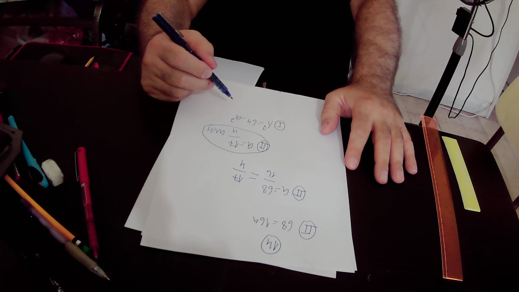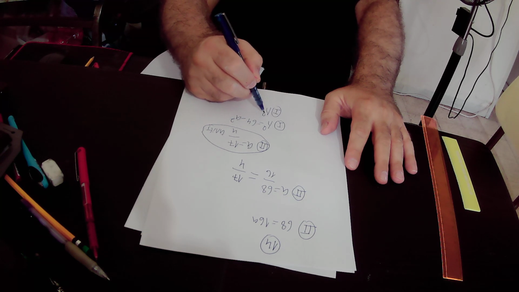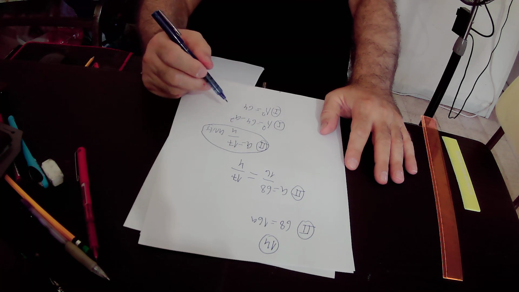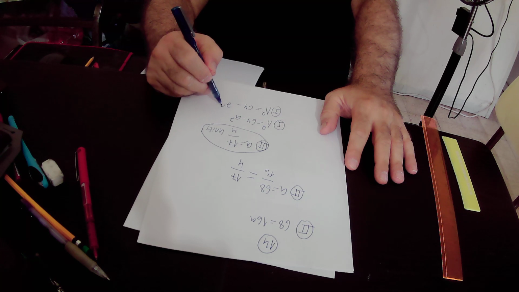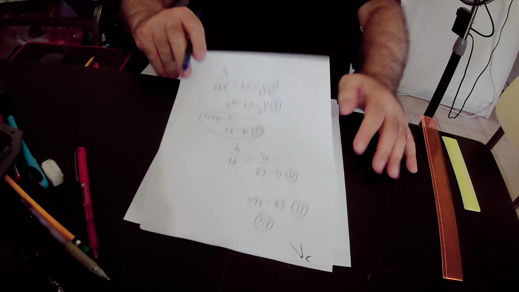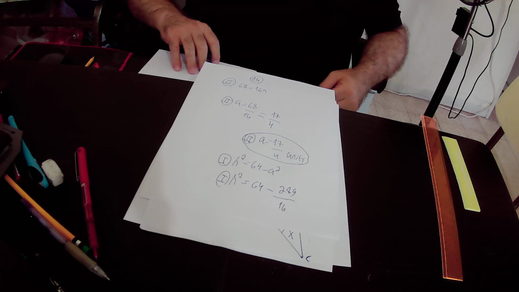And we will get that h squared equals 64 minus 17 squared, which is 289, over 4 squared, which is 16. So h squared equals 64 minus 289 over 16.